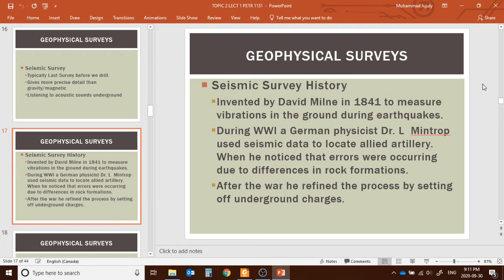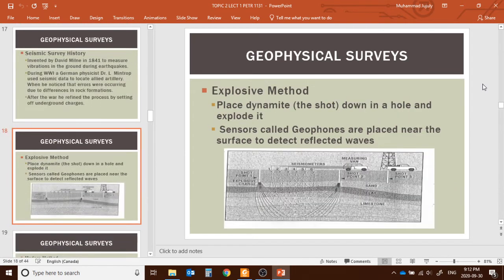For instance, setting off underground charges, like the mines or bombs planted during the wartime. When you want to dispose of these bombs, you have to locate them, and the seismic survey helped to set off these underground charges. And later on, it was used for surveying oil and gas.